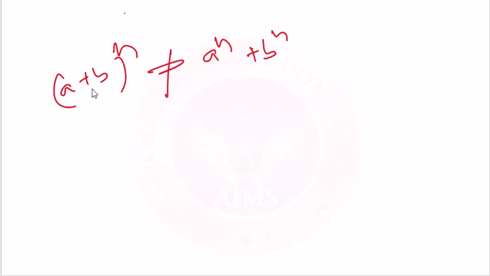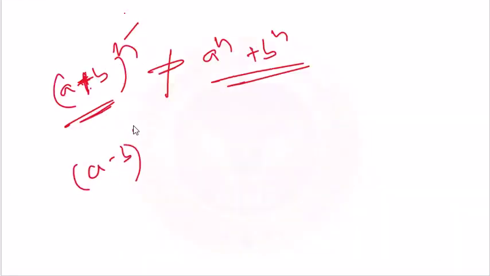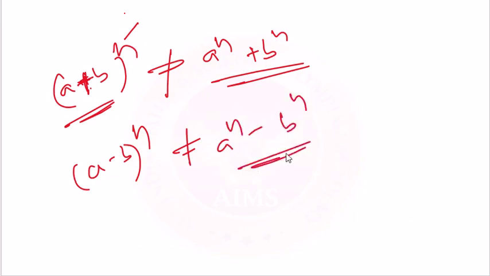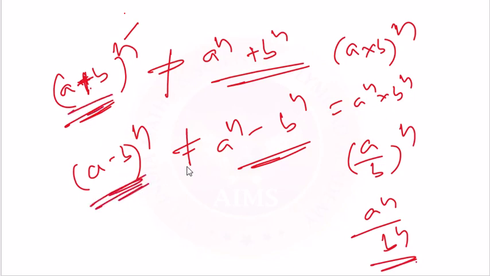When we have a product, we can write like that. But when we have addition with a common power n, we cannot make it equal to individual powers. Even in subtraction, with a common power, we cannot write it as a difference of individual powers. Only in the case of multiplication can we write a^n b^n, or in the case of division a^n by b^n. But in the case of addition and subtraction, we cannot do that.